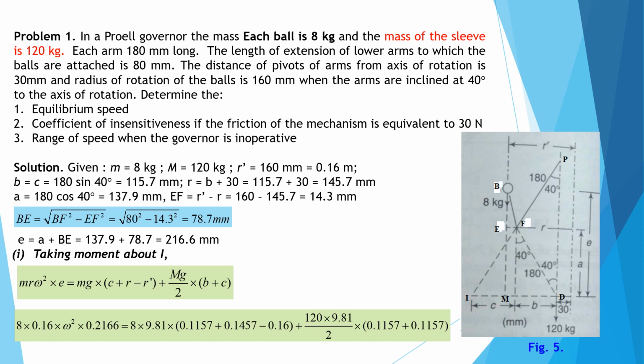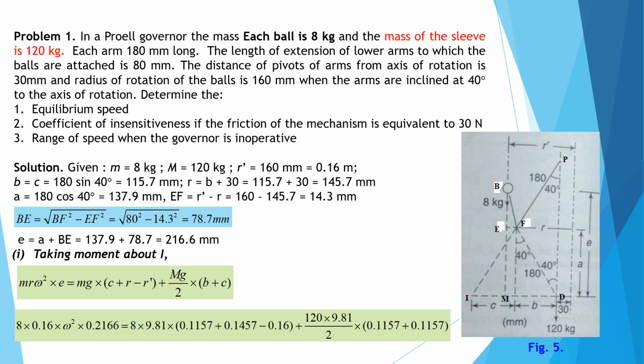So taking the moment about the instantaneous center I, centrifugal force into BM, or we can say centrifugal force into E, is equal to the mass of the fly ball into c plus r minus r dash, plus half of the dead weight into b plus c.